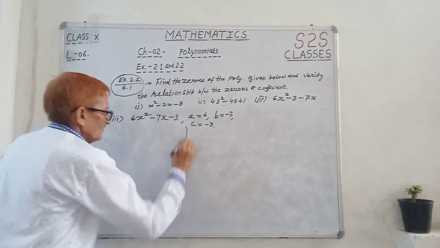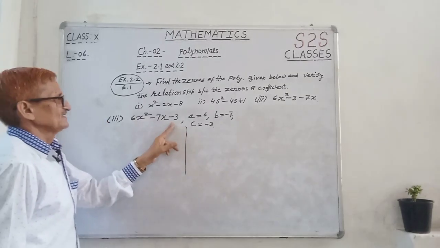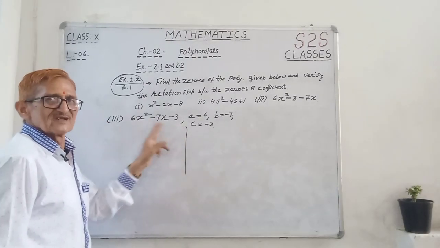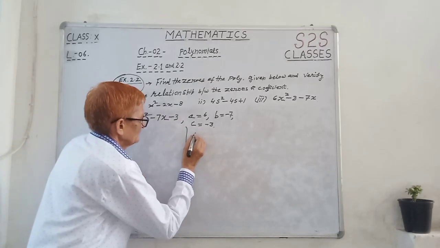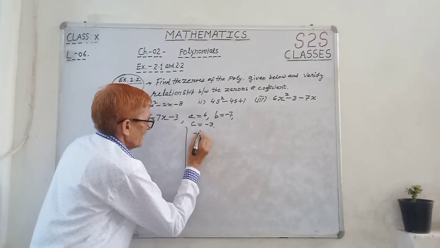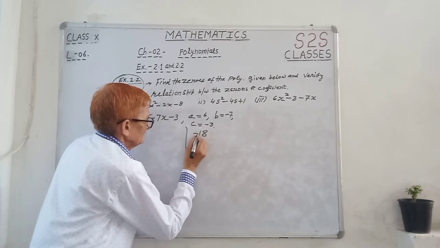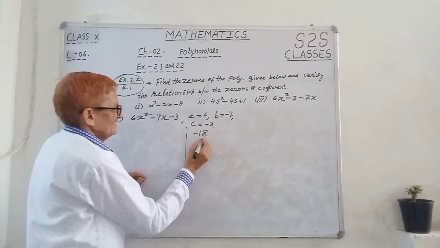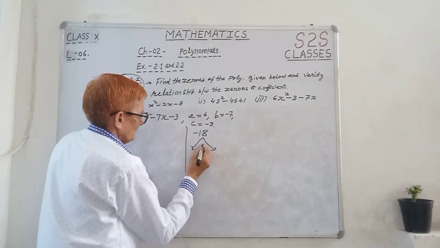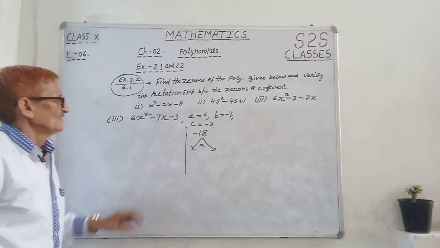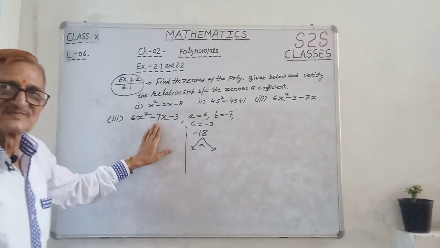Now the product of a and c, 6 and minus 3. 6 times 3 is 18, so minus 18. Make such factors of minus 18 whose sum is minus 7.